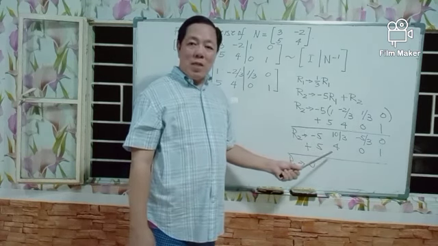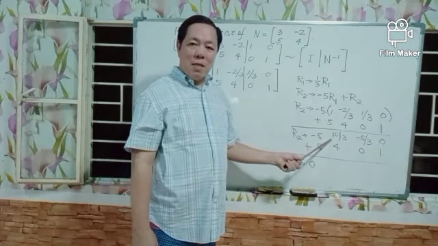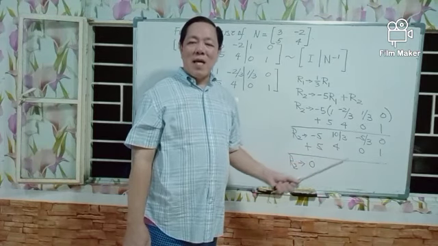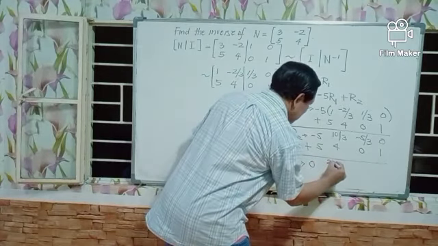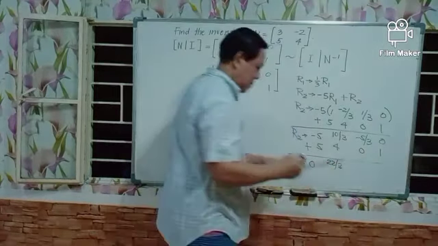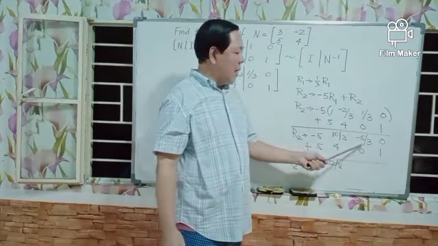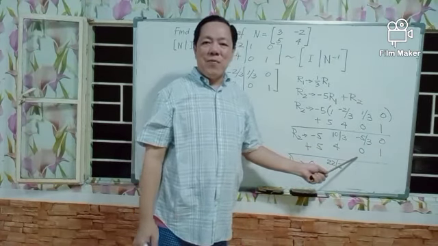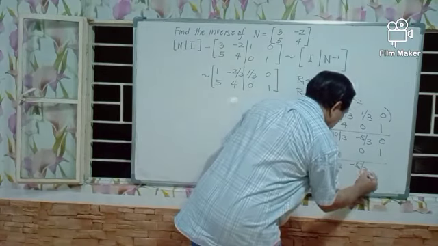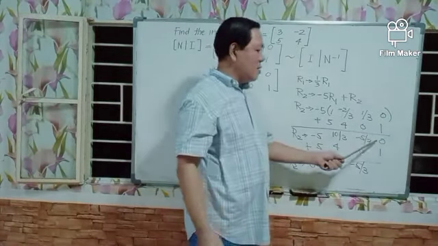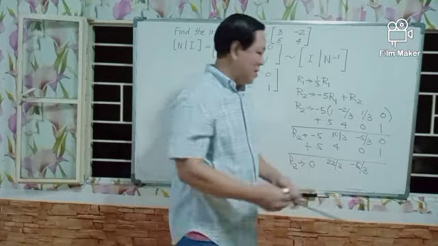And to 12/3, you add 10/3. 12 plus 10 is 22/3. And negative 5/3 plus 0 is negative 5/3. And the last entry, 0 plus 1 is 1.